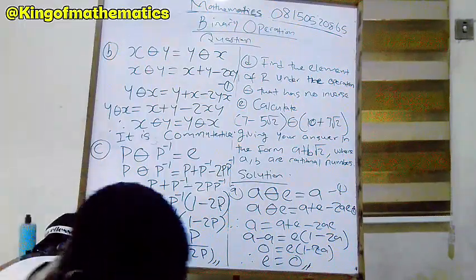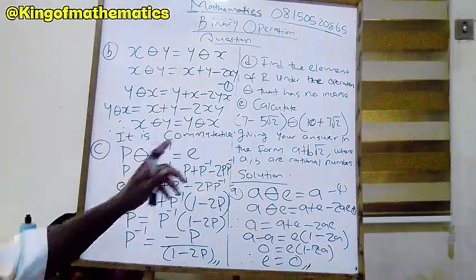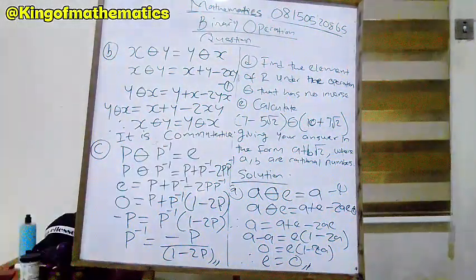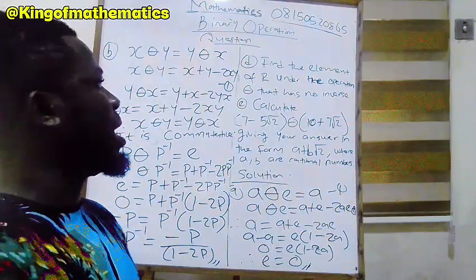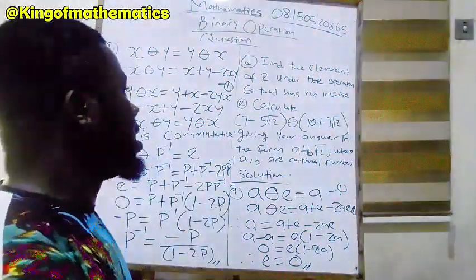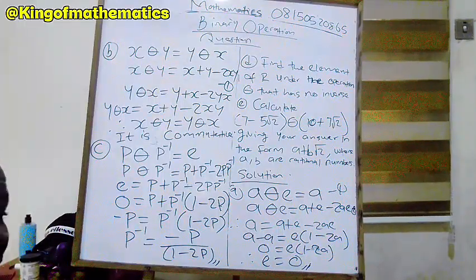The next one is saying that we should find the element of R under the operation that has no inverse. Anytime you see a question like this, when they say that it has no inverse, it means that the solution you have for your inverse will turn to what calculators sometimes call a syntax error.